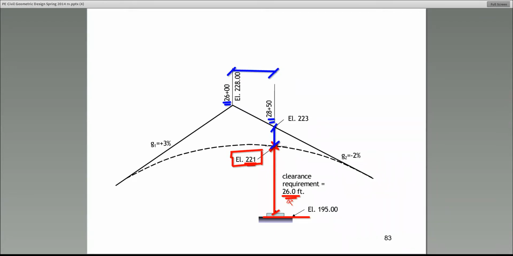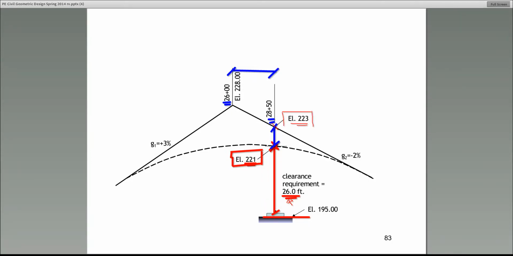Ryan says, did you just make up the offset? No, the offset is the distance between the elevation on the tangent line and this elevation on the curve. 223 minus 221 gives you 2. All right? Christopher says, where do you get the 223?